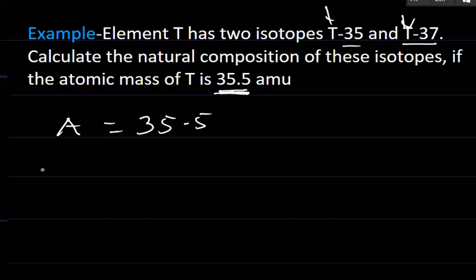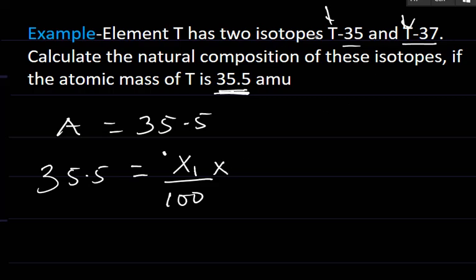From what we have, 35.5 is going to be equal to the percentage composition of the first isotope. Let me call it x, divided by 100, multiplied by the mass, which is 35.